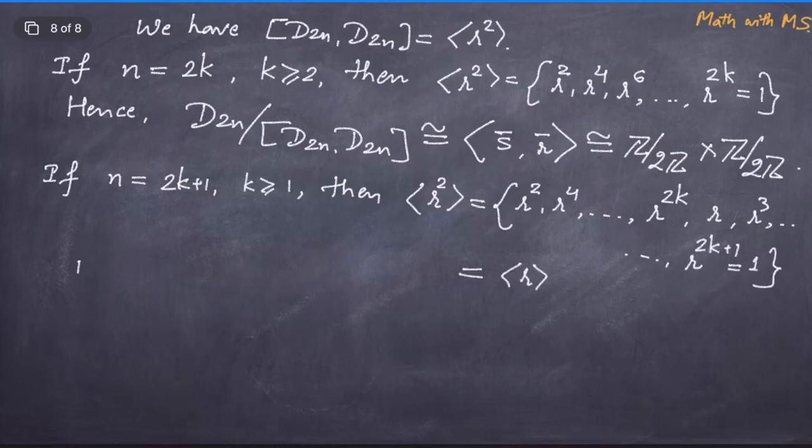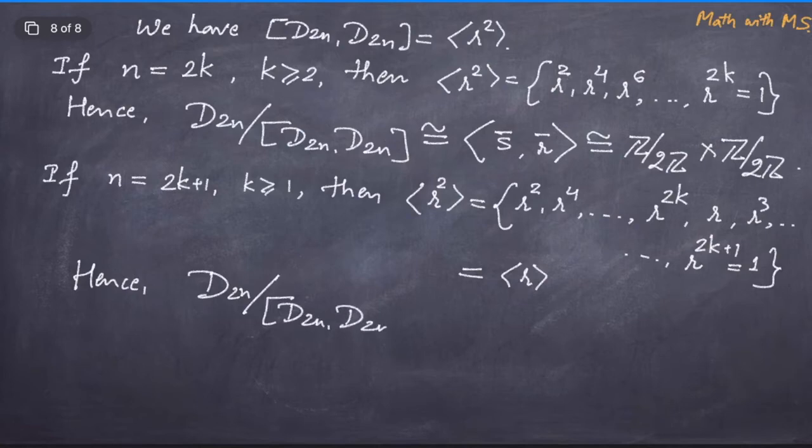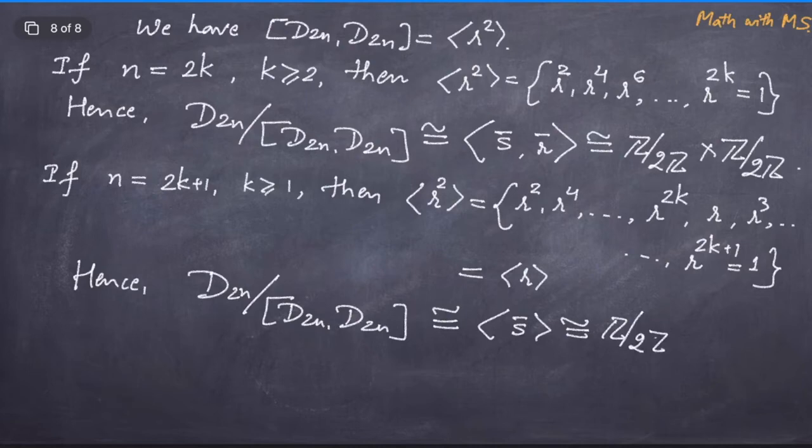So hence in this case the abelianization D2N mod its commutator subgroup is isomorphic to the subgroup generated by the coset of S bar, which is a cyclic group of order 2. And we know all irreducible representations for any cyclic group. In fact, for the Klein 4 group we computed them in one of the lectures.